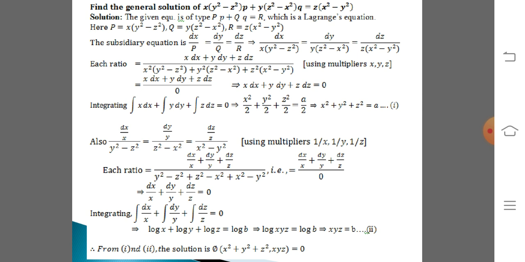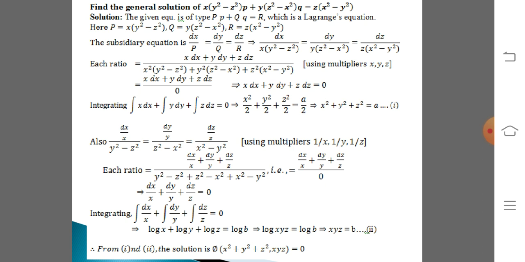This you can do by using the componendo dividendo rule. It states that if a/b = c/d, then these two will be equal to (a + b)/(c + d) or (a − b)/(c − d). So using this componendo dividendo rule, we can get the solution. Okay, so now you choose the multipliers, say x, y, z.